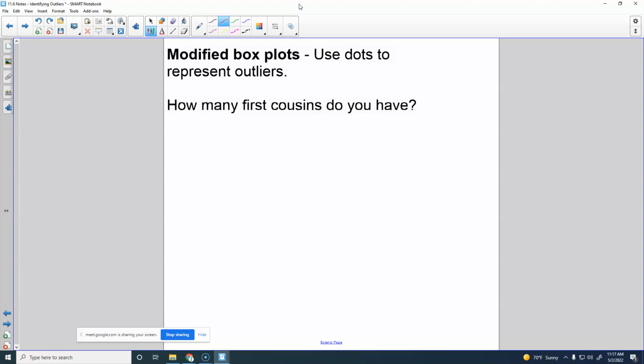Because I want there to be some outliers. Yes, let's count. Count if you can count them. All right, so I need you to count up all of your first cousins.